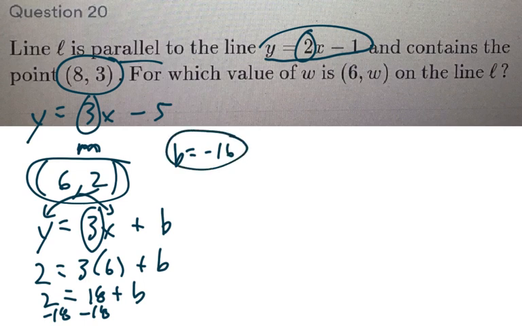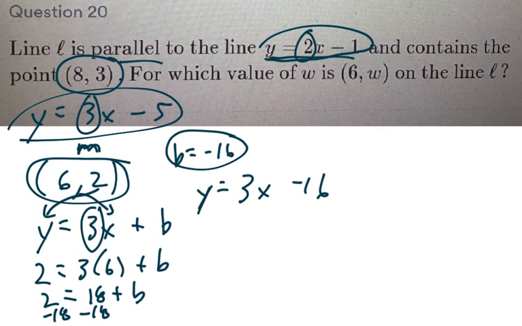So my equation of the line parallel to my given line, here's my given line, is y equals 3x minus 16. Now what? Well, they told us, hey, what about 6? Now I'm going to change mine to, what about 4? Mine's going to be 4w. So I'm going to now plug in the 4 to see what my y value or w value is going to be.